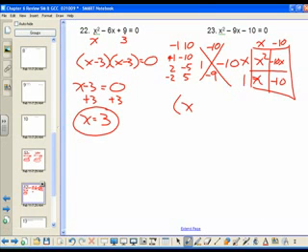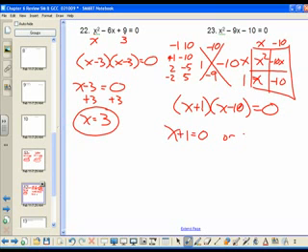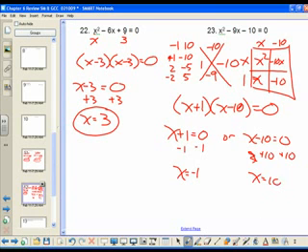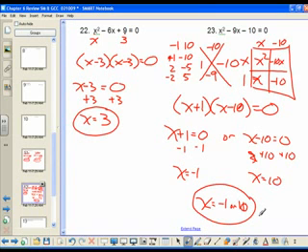So I get x plus 1, x minus 10 equals 0, which means x plus 1 equals 0, or x minus 10 equals 0. I subtract 1, I get x equals negative 1. I'm going to add 10, I get x equals 10. So my solution would be negative 1 or 10, just like that.